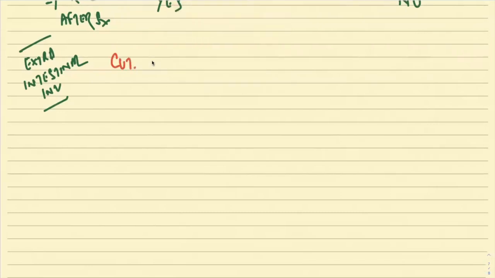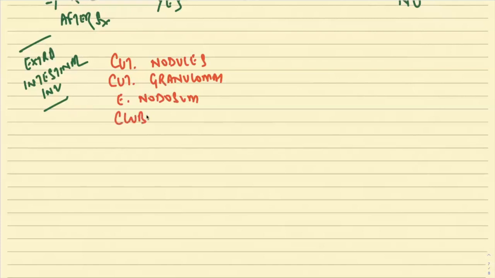So cutaneous nodules. So you will find the skin showing certain nodules, or cutaneous granulomas, or you are going to find the presence of erythema nodosum, or there will be clubbing of the fingers. So all these are related with your skin and nails together.